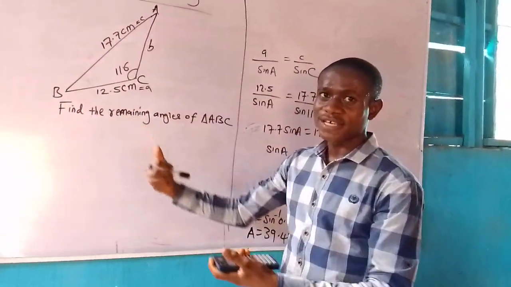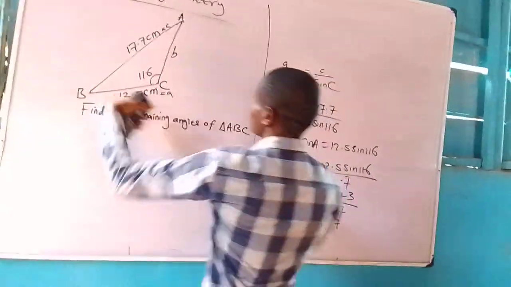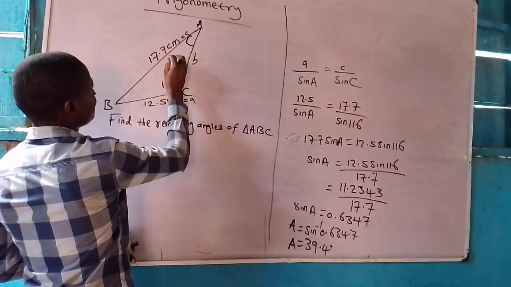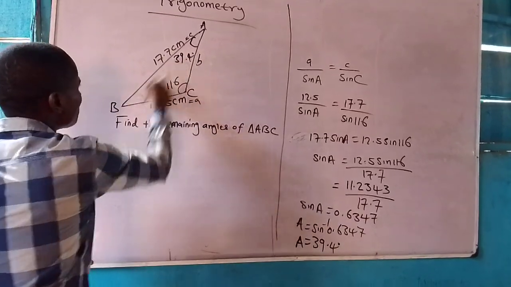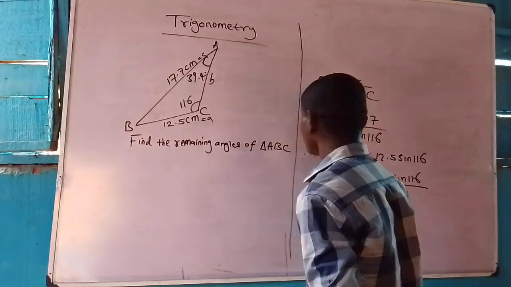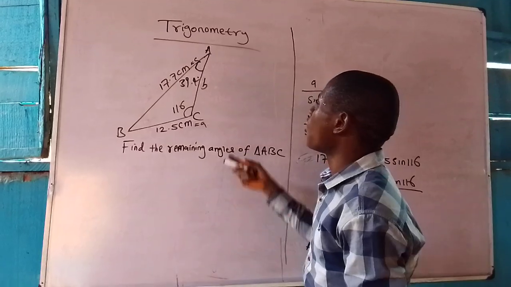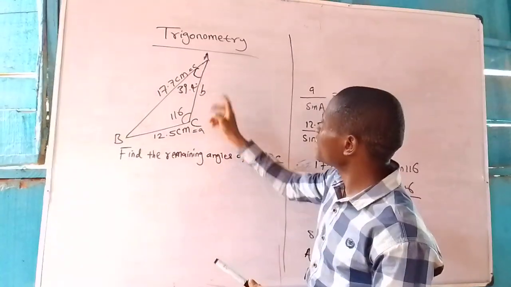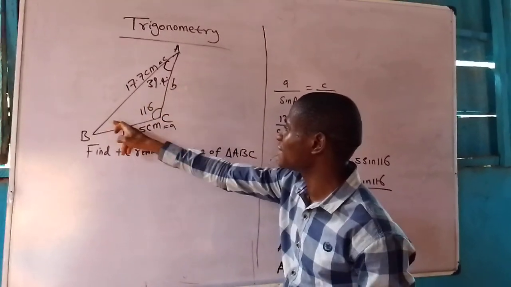Okay, let's continue with the second part. We have not solved the B part. I just solved this one, and this one is 39.4 degrees. Now to get this part, instead of applying the sine rule again, we cannot even apply the sine rule because this b is not given. So there's no way it will work in applying the sine rule in getting here.